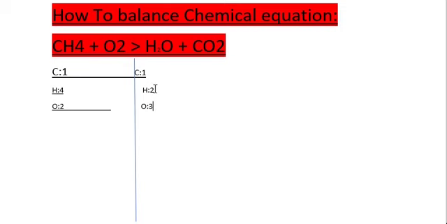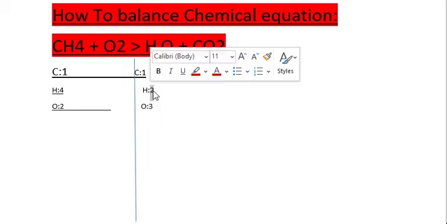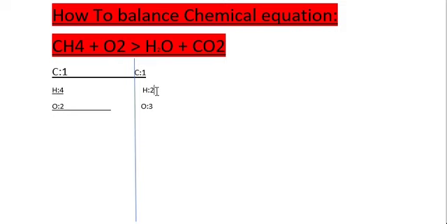What you want to look at is whether anything times this can equal this, and in this case 2 times 2 is 4, so I'm just going to put a 2 here.